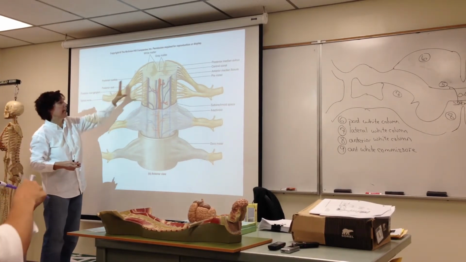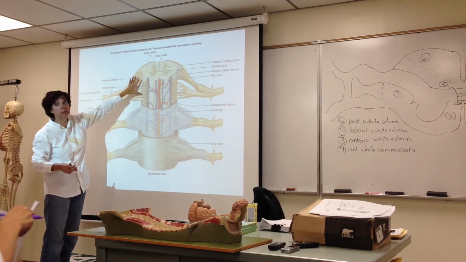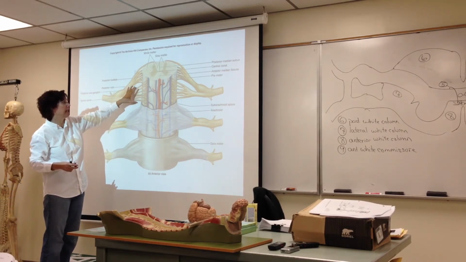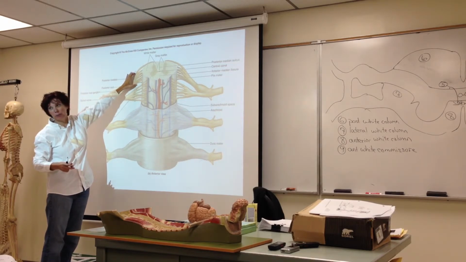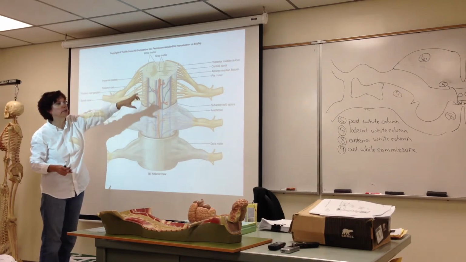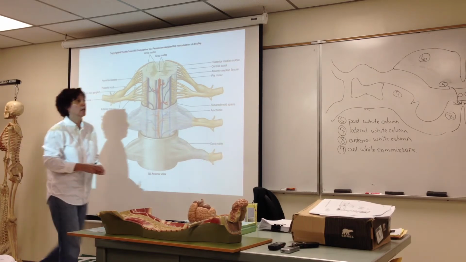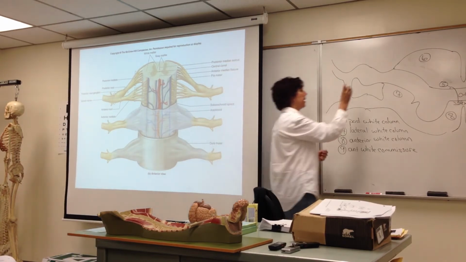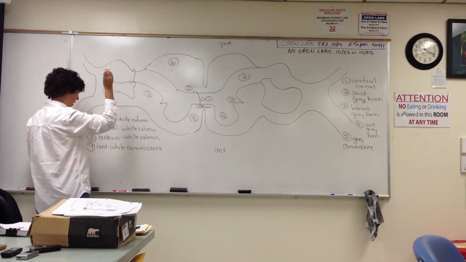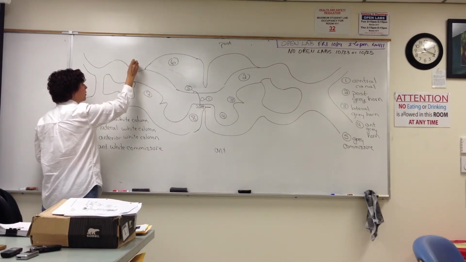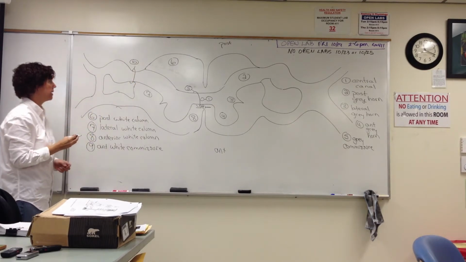The spinal nerve is attached to the spinal cord via these rootlets, which combine to make a ventral or anterior root and a dorsal or posterior root. Okay, I haven't drawn the rootlets, I just draw the roots. So here would be the dorsal root of the spinal cord.